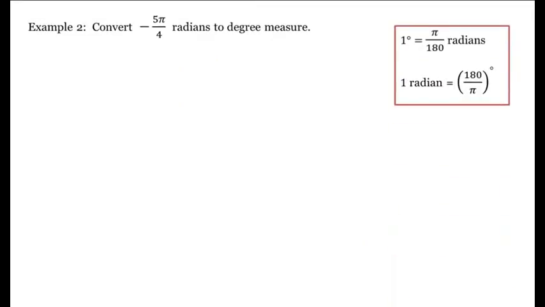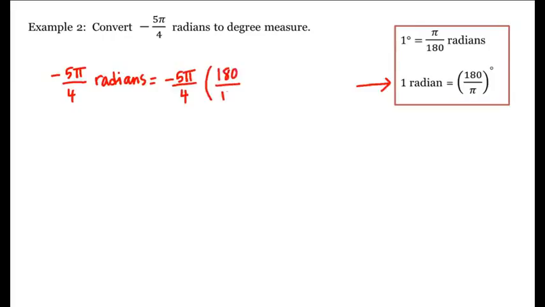Let's convert negative 5 pi divided by 4 radians to degree measure. Again, we have the following conversions, but since we're going from radians to degrees, we're going to be using the second one now. That is, negative 5 pi over 4 radians is equal to negative 5 pi over 4 times 1 radian, which is 180 divided by pi degrees.